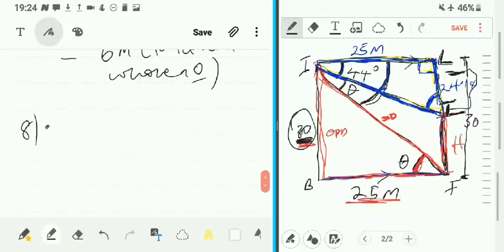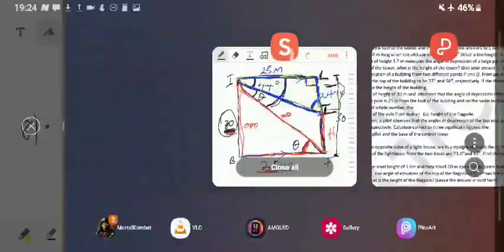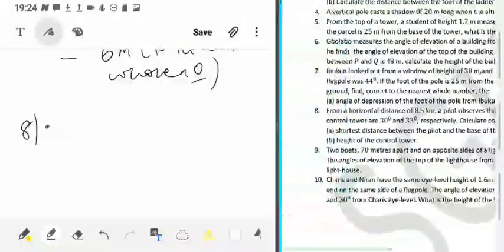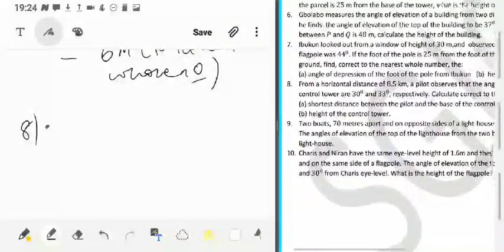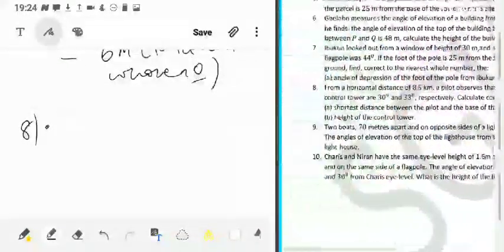We'll move to number 8. From a horizontal distance of 8.5 kilometers, a pilot observes that the angle of depression of the top and base of a control tower.